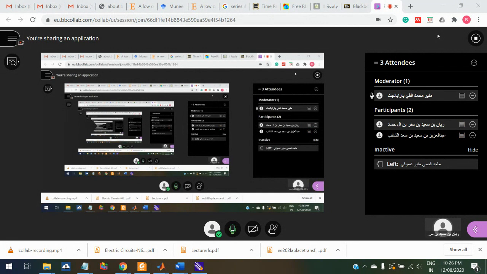There is something which sometimes comes, only imaginary also. If alpha equals 0, what is alpha? R by 2L. If the resistor becomes 0, alpha becomes 0, right?